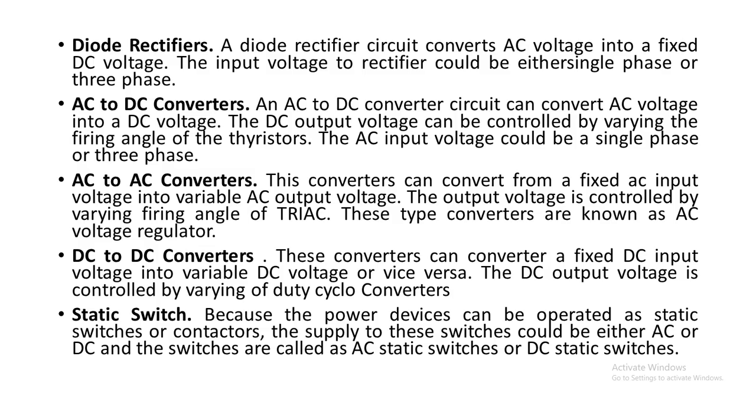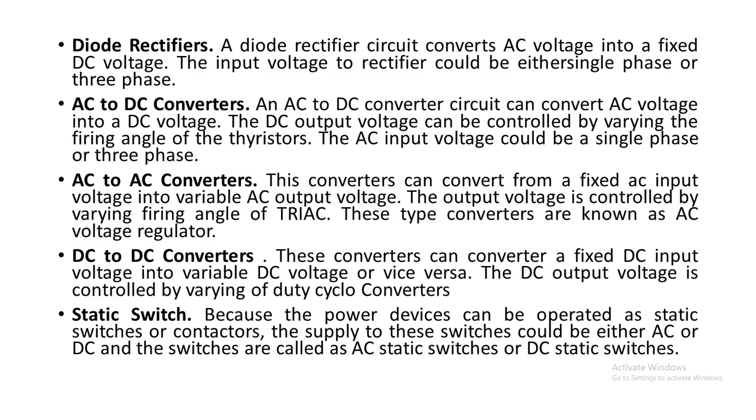The next one, DC to DC converters, that is choppers. These converters can convert a fixed DC input to a variable DC output voltage, and the DC voltage is controlled by varying the duty cycle of the converter. And static switches: the power devices can be operated as static switches or contactors.